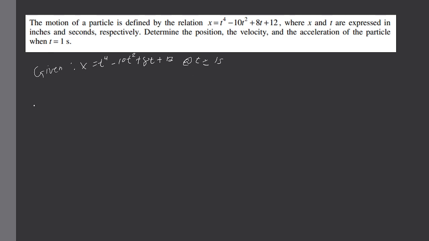Using the formula that I have introduced earlier, v is equal to dx over dt. From this equation, we are going to differentiate it: 4t cubed minus 20t plus 8.